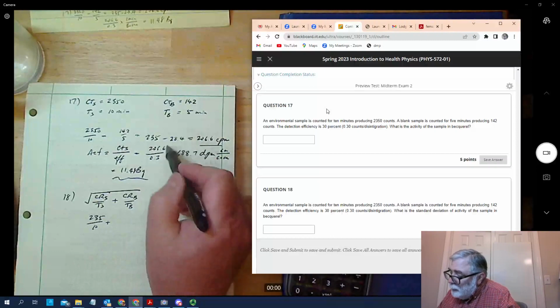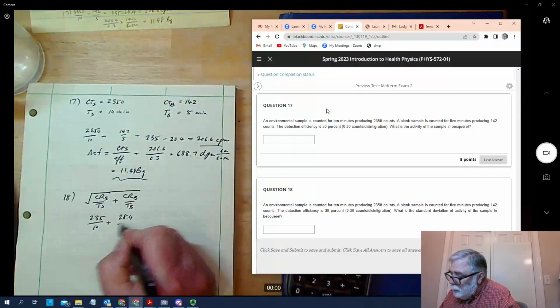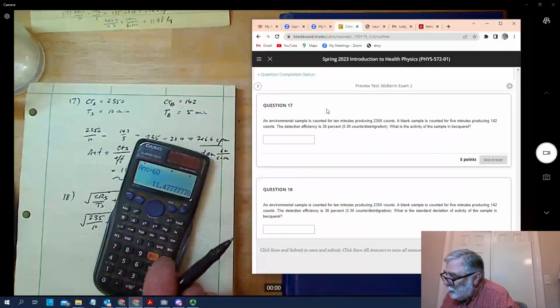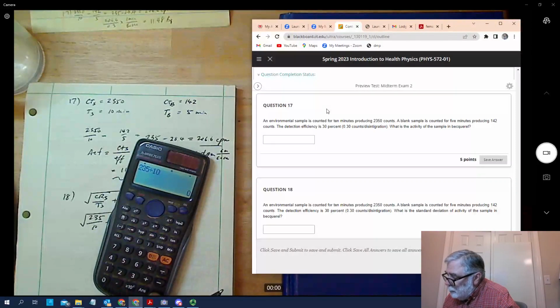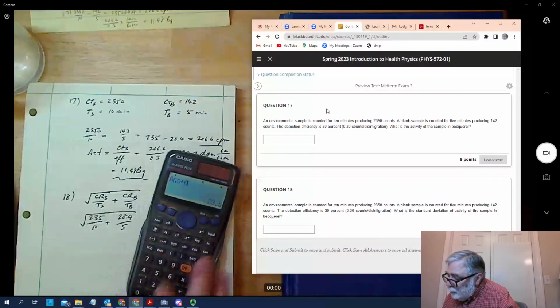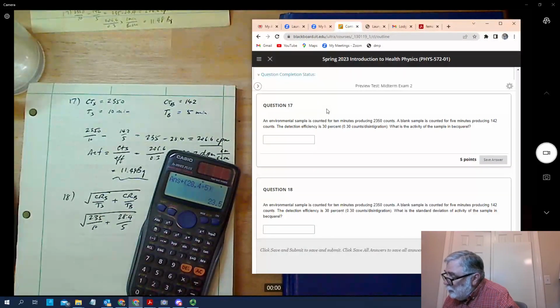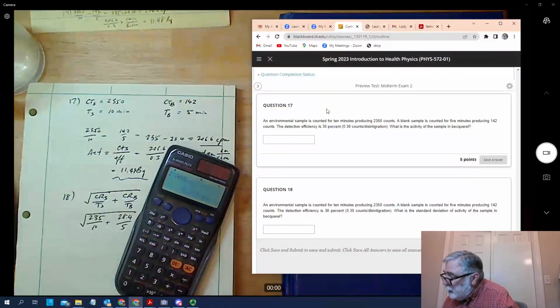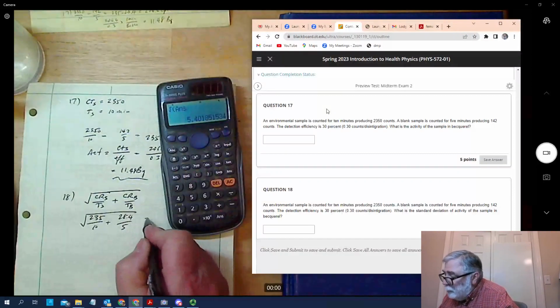The count rate for the background was 28.4 over 5 minutes. Take the square root of all that. 235 divided by 10 is 23.5, makes sense. Plus 28.4 divided by 5. Everything inside that radical is 29.12. Take the square root of that and I've got 5.40.